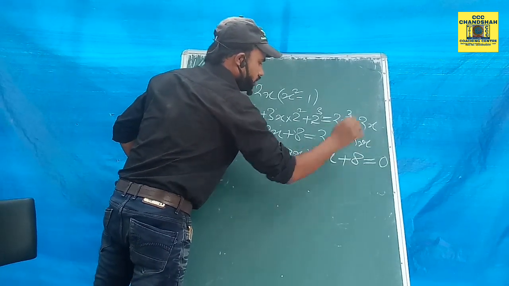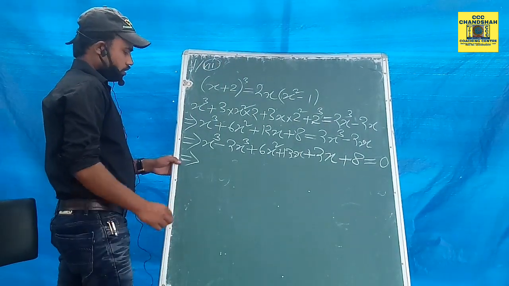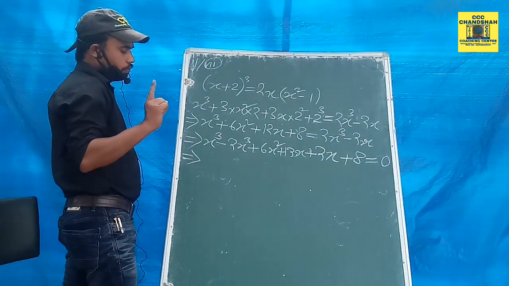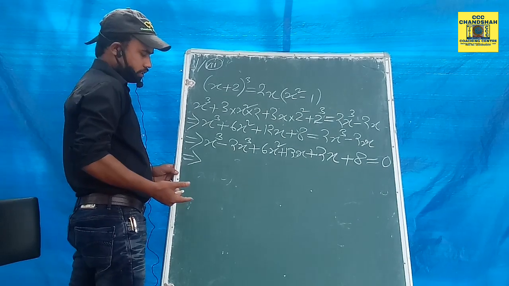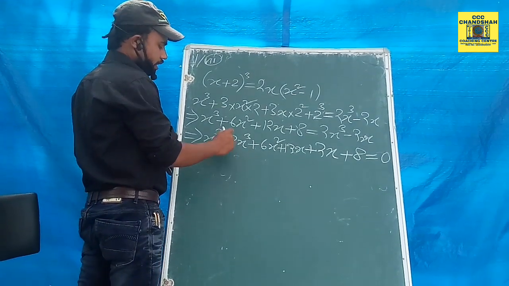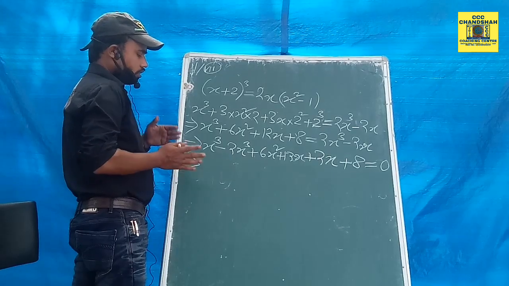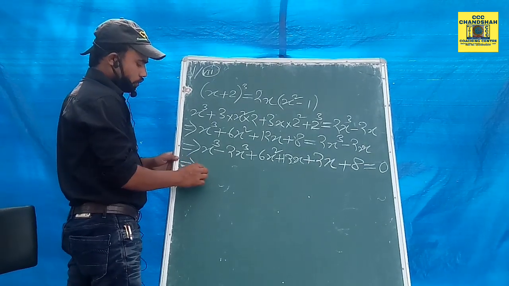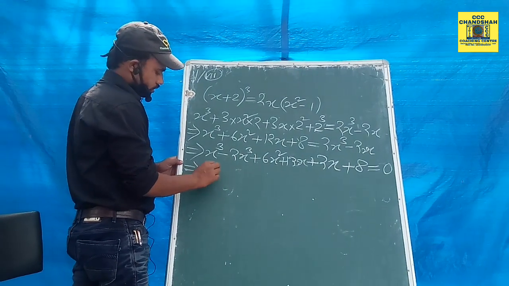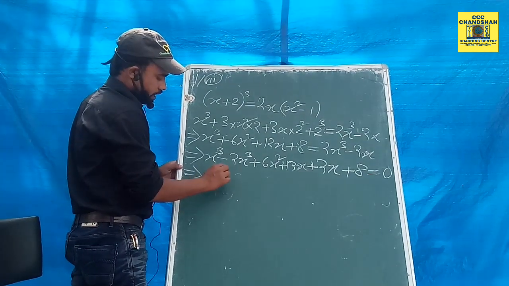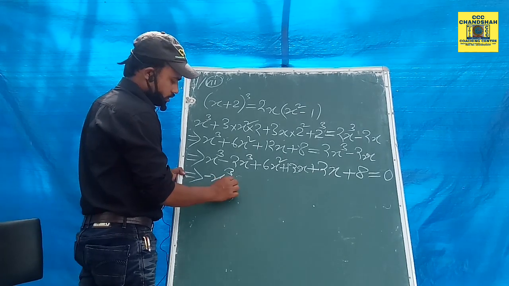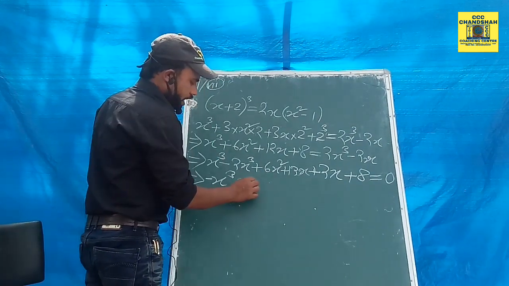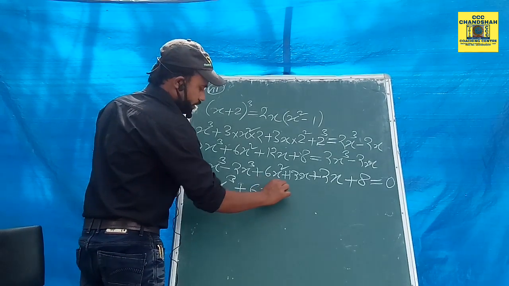8 equals 0. So 1 x cube is there in your hand, and suppose twice x cube is to be given to someone. Okay, now what will remain? Only minus x cube will remain, plus 6x square. 6x square will remain here.